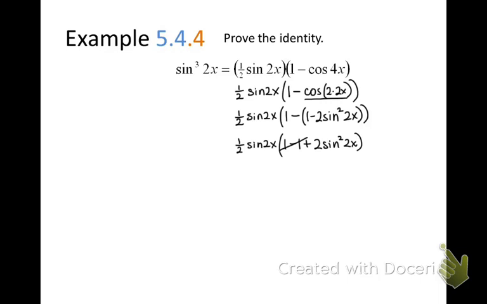And when I multiply all this through, so you have right now 1/2 times the sine of 2x times 2 sine squared of 2x. So what happens? The 1/2 and the 2 cancel, and then when you condense these, because they have the same angle, you multiply them together, sine cubed of 2x. And hey, that's what we wanted.